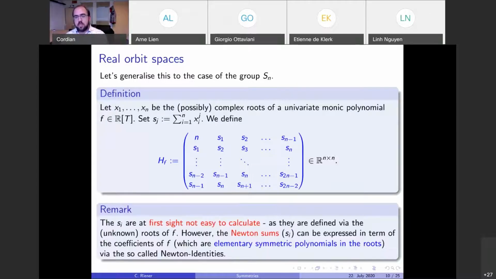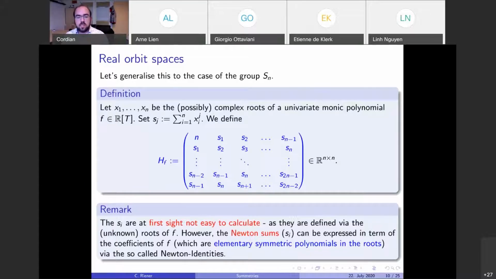At first sight, it might look a little bit odd because I start with a polynomial and I define the entries of the matrix by some operation that I do with the roots of the polynomial. And you all might know that roots of polynomials are not so easy to get a hold of. So how do we actually get this matrix?